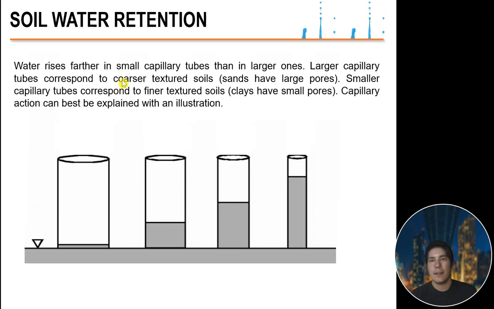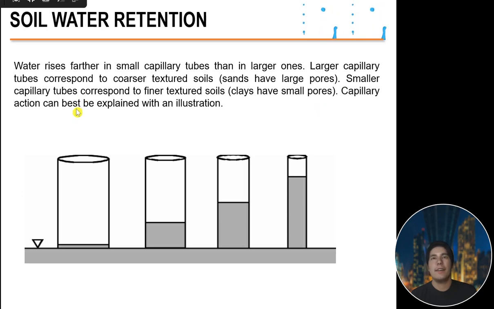So water rises farther in small capillary tubes such as shown here. So pag large naman yung diameter ng tube natin, so mas maliit yung akyat ng tubig, no? So in terms of mga pore spaces sa soil natin, kung maliit yung mga voids sa soil natin, so medyo malaki yung capillary niya.